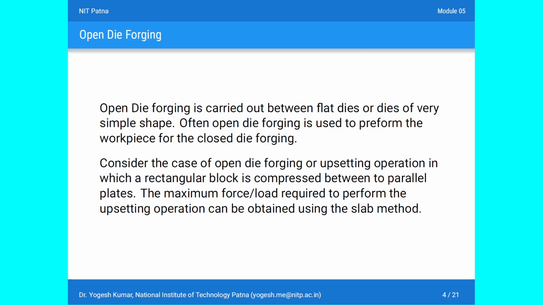We will take the first case, that is open die forging. I hope all of you remember what open die forging is. Open die forging is carried out between two flat dies or dies of very simple shape. Often open die forging is used to preform the workpiece for closed die forging.